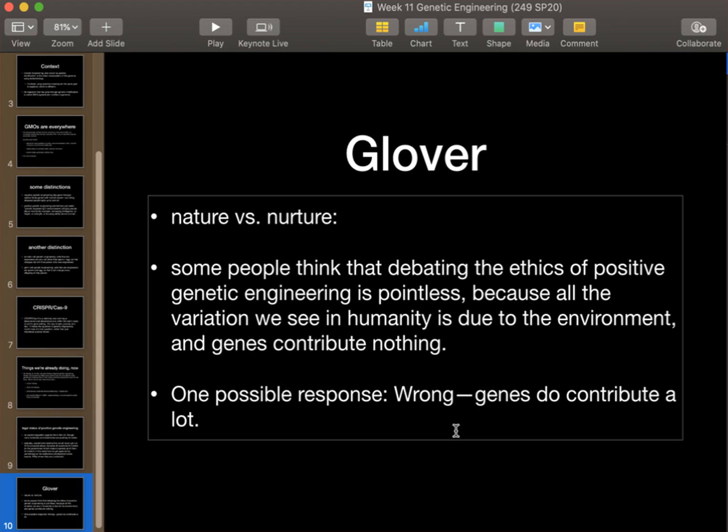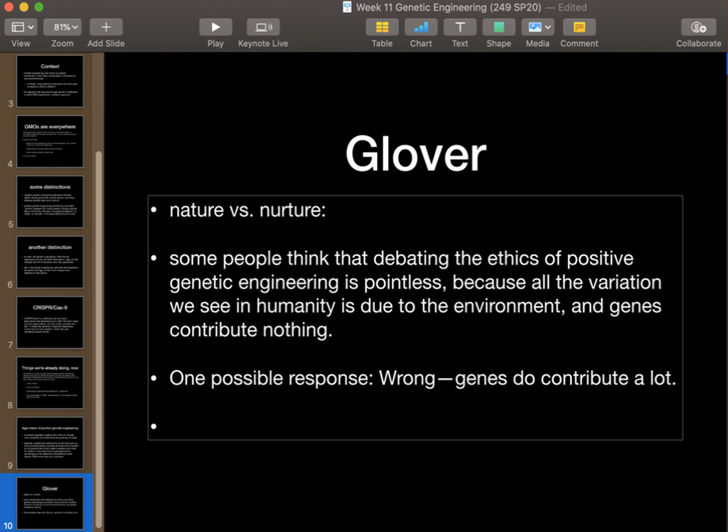There's some evidence about a lot of things like intelligence and success, that there's a big genetic component in those traits. But that's not Glover's response.